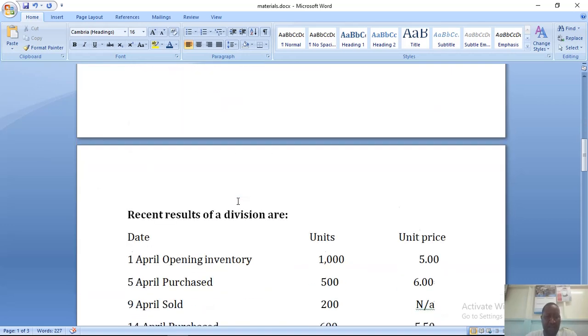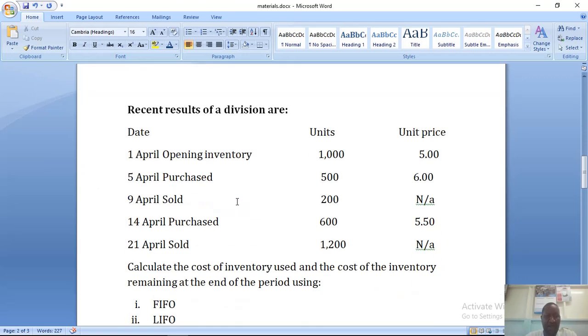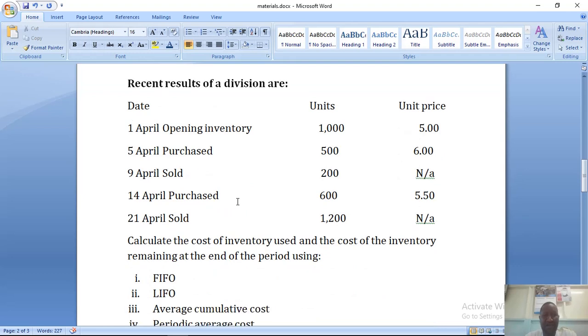So let's look at an example here. Recent results of a division are given as follows. So we have the date. The opening inventory was 1,000 units. Unit price was 5. Then on the 5th of April, there were purchases of 500 units at the given unit price. Then on April 9, there was a sale or issue of 200 units.